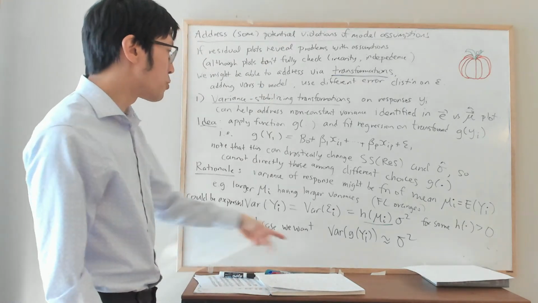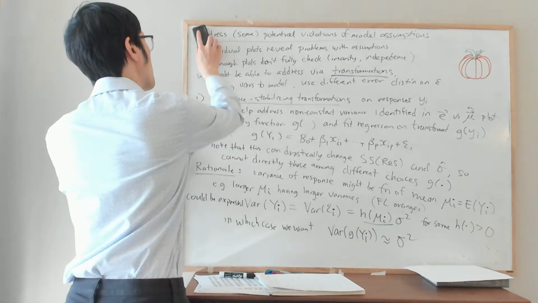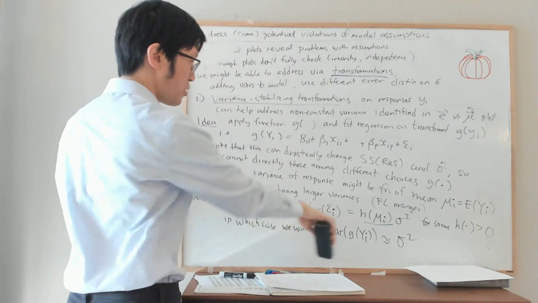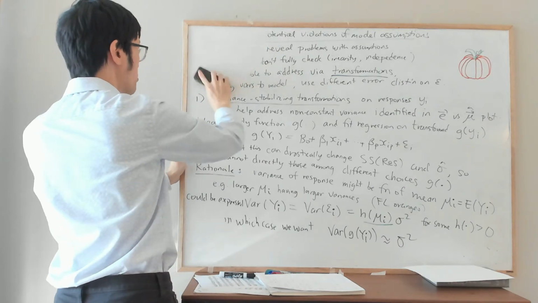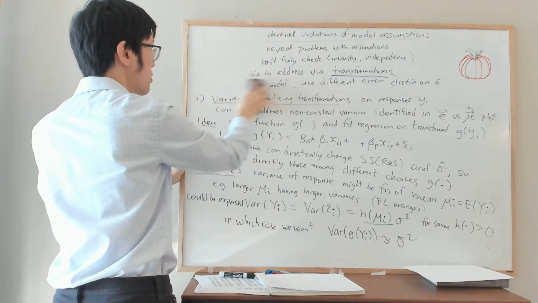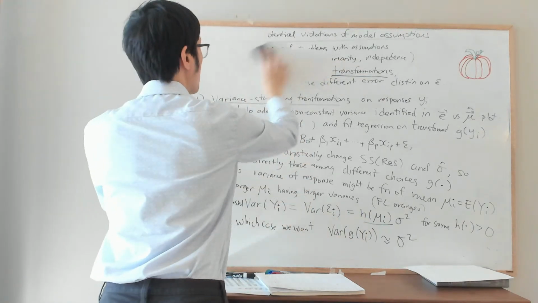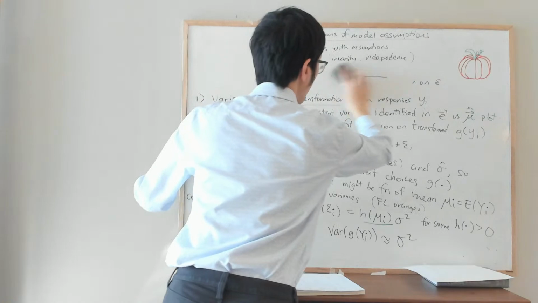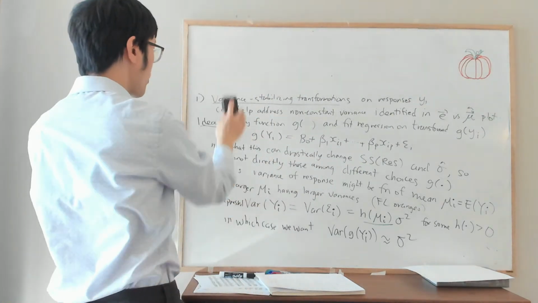How we're going to do this is a quick linearization. We do a quick Taylor expansion on g of yi. Based on the first order, we can do a linearized approximation to get rid of this function of the mean response, h.